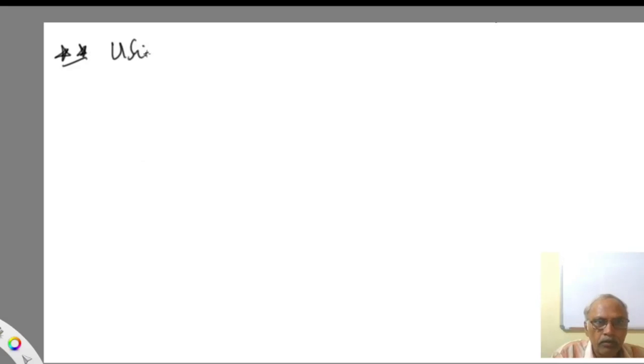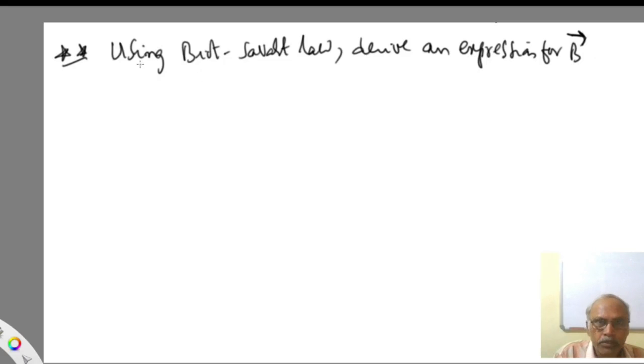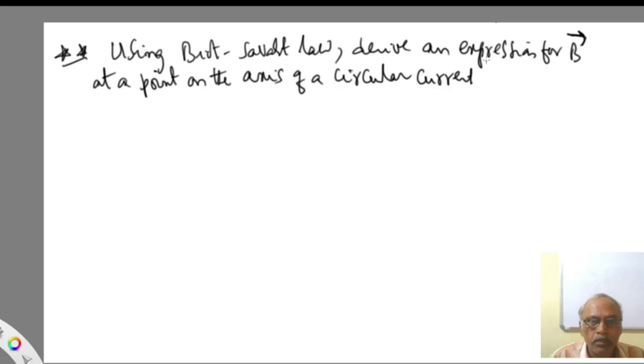Using Biot-Savart law, derive an expression for the magnetic field at a point on the axis of a circular current carrying coil, or a circular current carrying loop.